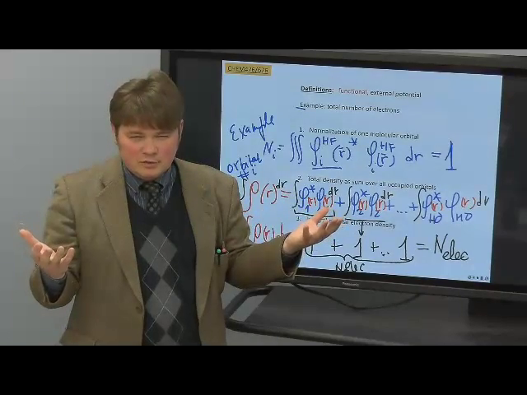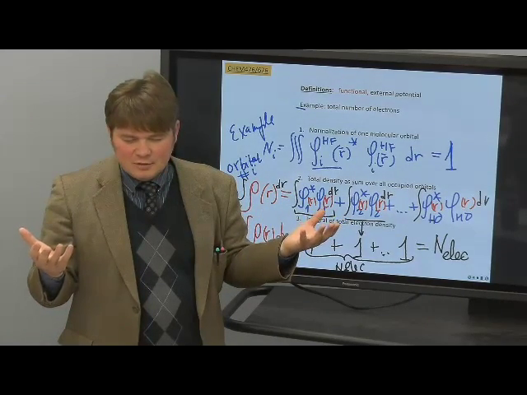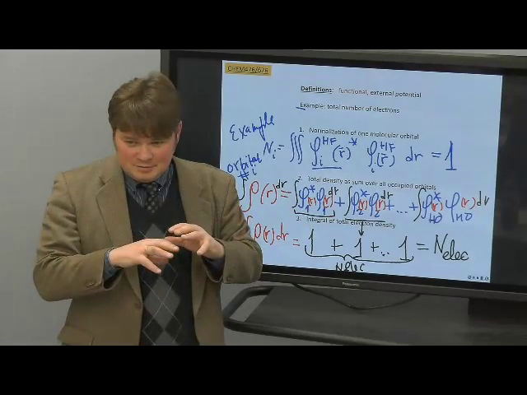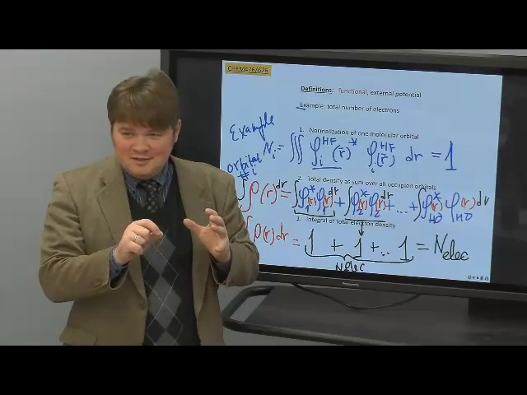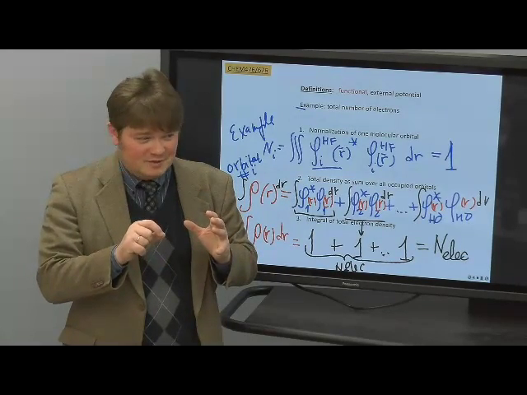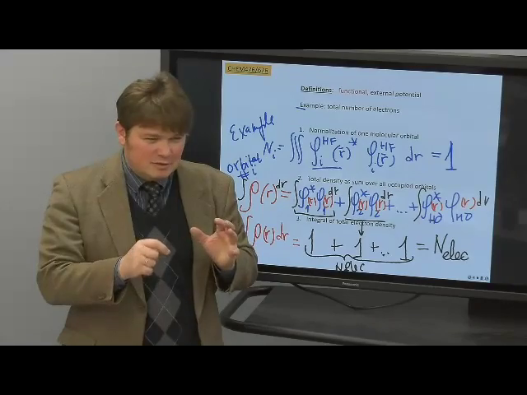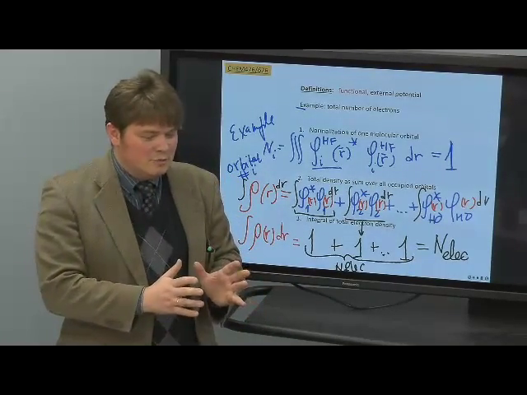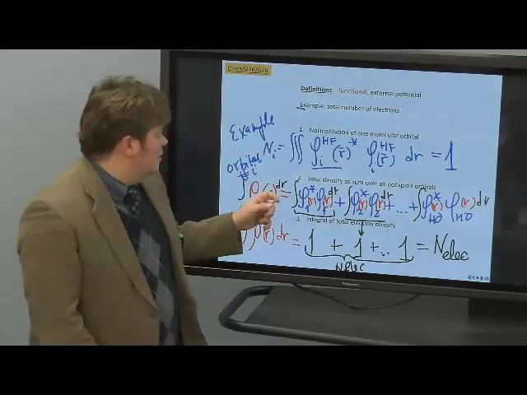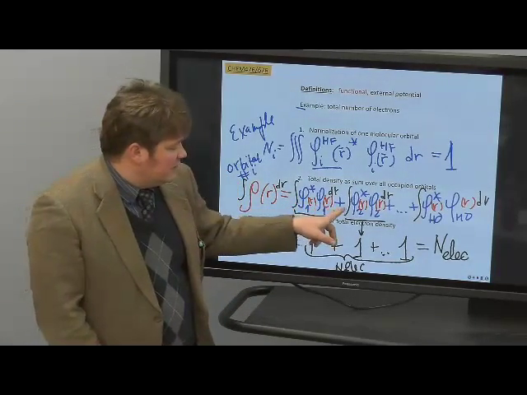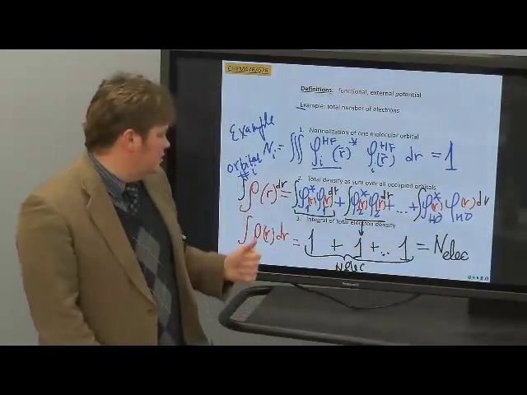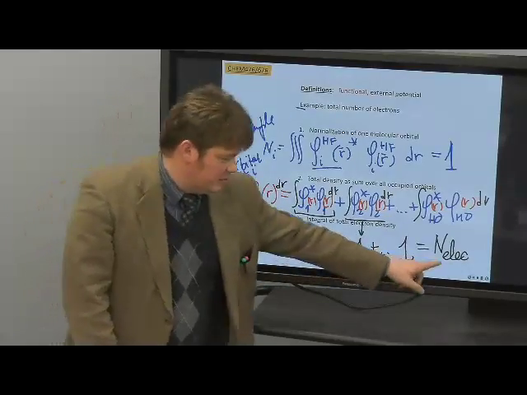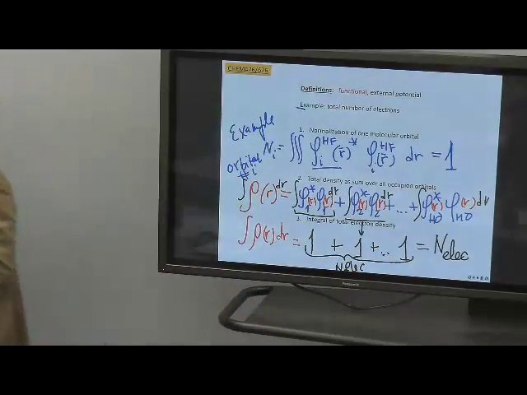Here we are considering not the most popular interpretation of quantum mechanics, where the wave function squared provides density of charge rather than probability. It's not quite perfect, but for practical reasons we temporarily pretend that we believe in it. If we do the same for each orbital, we get the density of all negative charges, all electrons: 1 plus 1 plus 1, the number of electrons. An example of a functional.